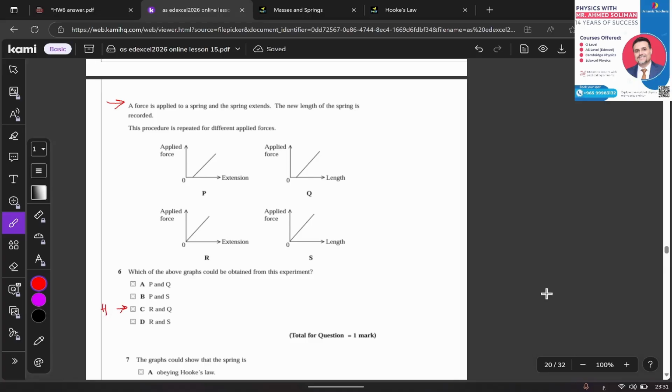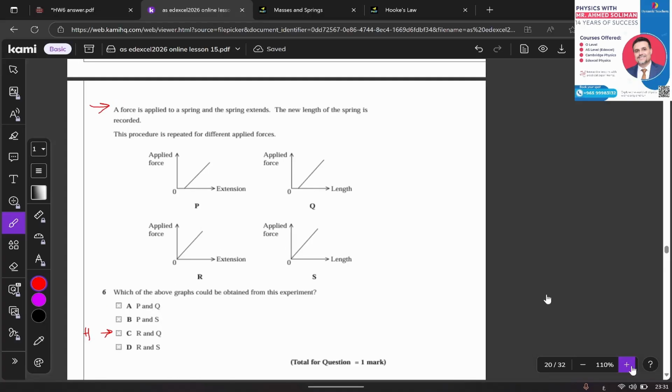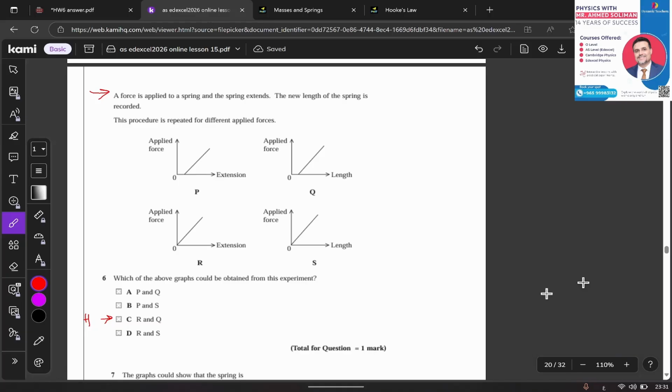I don't understand the question. Read the question loudly. A force is applied to a spring and the spring extends. The new length of the spring is recorded. This procedure is repeated for different applied forces. Which of the above graphs could be obtained from this experiment? So, which graphs obey Hooke's law?